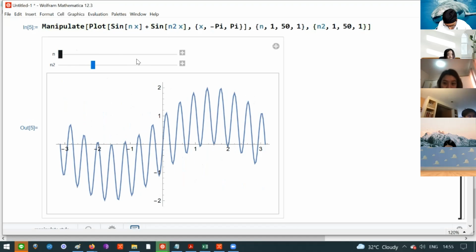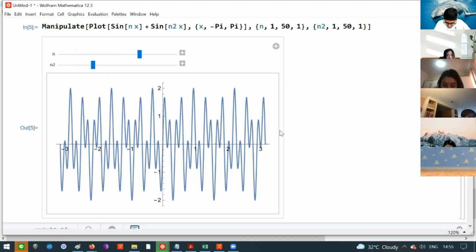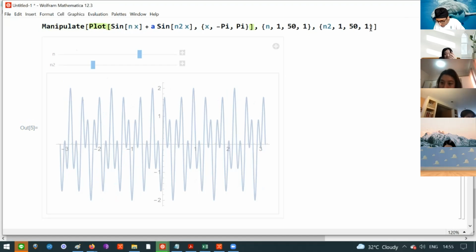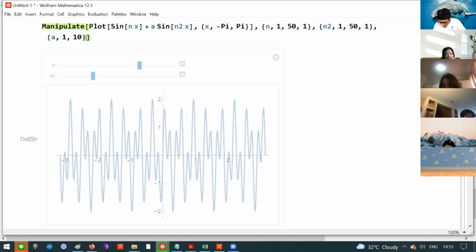See? So I can keep adding, right? If I keep adding sine waves, I can get all kinds of funny behavior. I can also do this, add different amplitude. Right? Nobody's going to stop me.